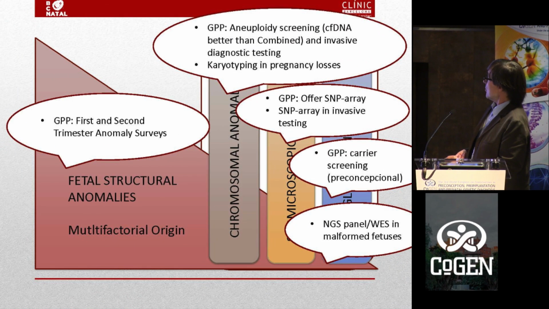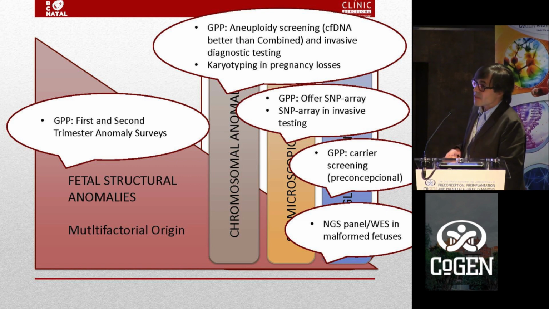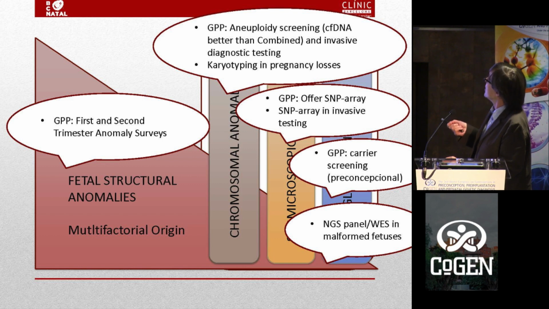So to finish, I think that the time has come to offer in the general pregnant population first and second trimester anomaly surveys, to offer aneuploidy screening, cell-free DNA better than combined tests, obviously, and invasive diagnostic testing in positive cases, also karyotyping in pregnancy losses.